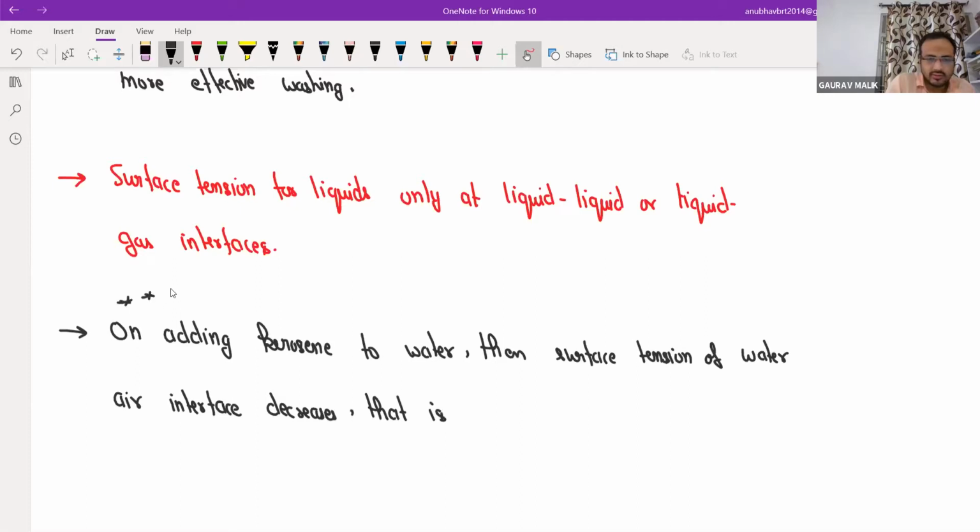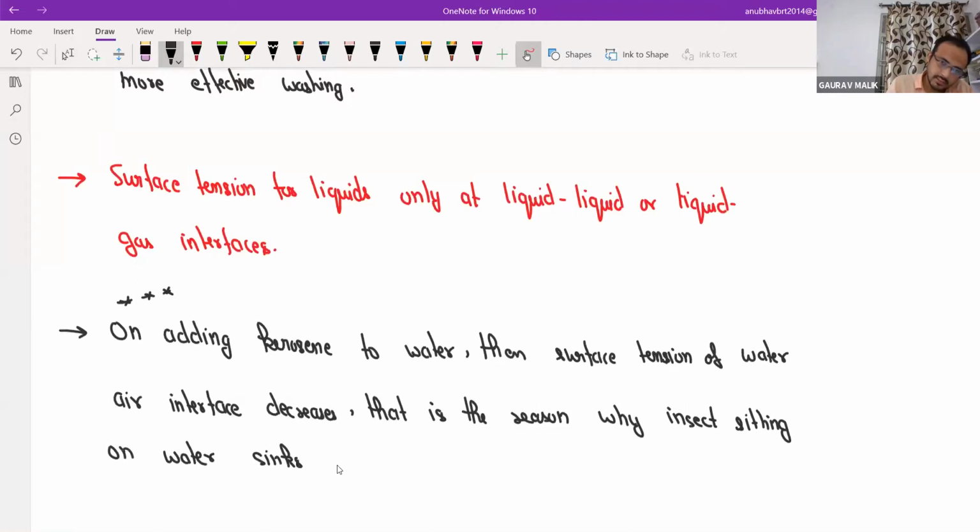And that is the reason. It is a very nice question for interview. That is the reason why insects or mosquitoes sitting on water sink when kerosene is added to water.